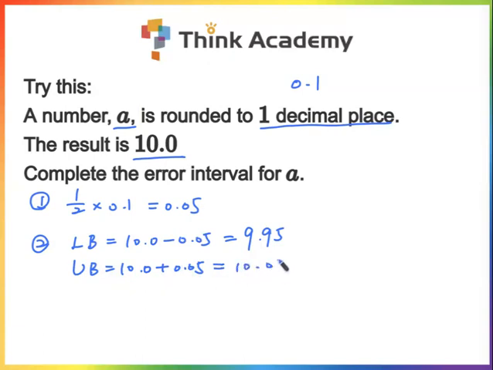That's 10.05. And double check, that is the largest number that can round to the next value. For the error interval, you can just put a in this case, and that will be greater than or equal to 9.95 and less than 10.05. So that's this question.